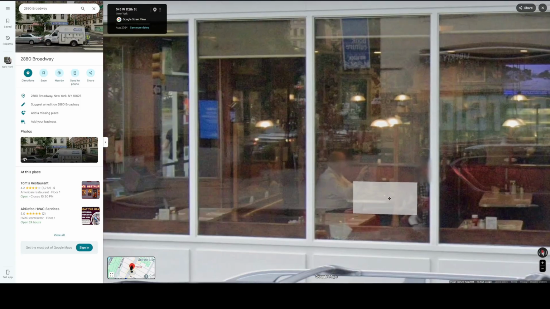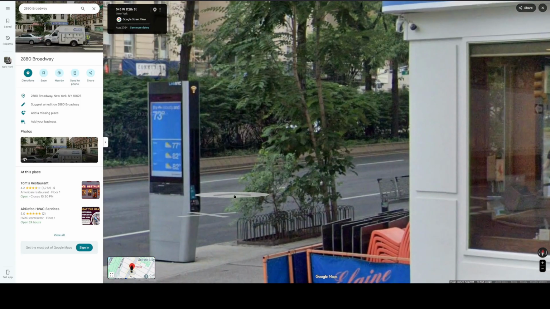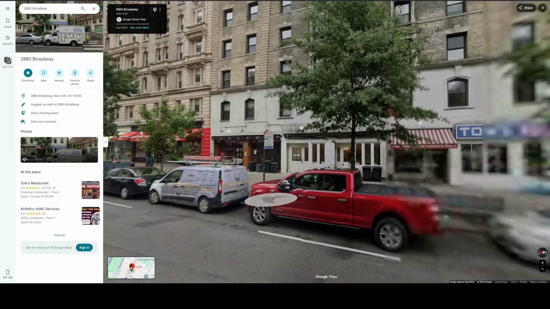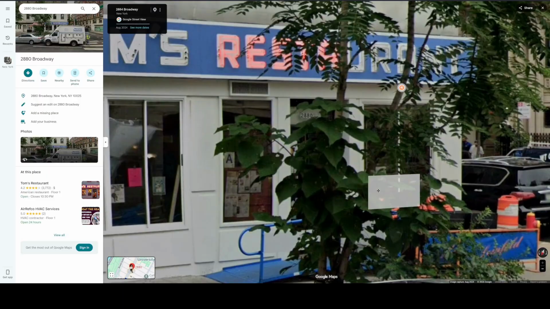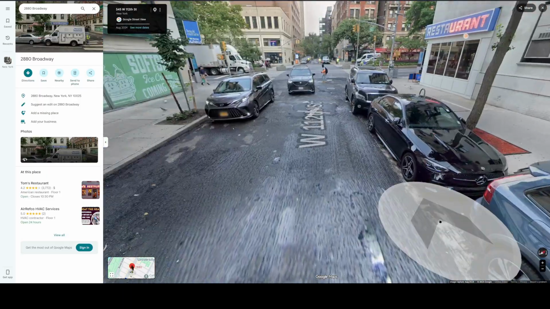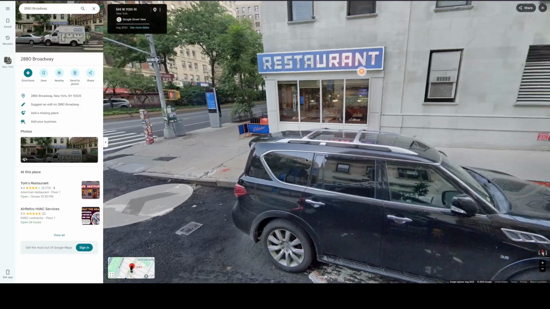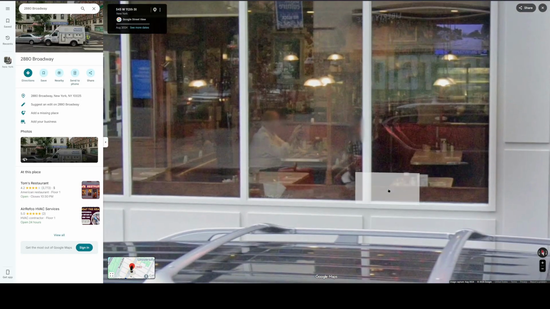Like, we're all being monitored and we're having our picture taken. I don't know, it's just a drag to me. He's just trying to eat his food, and he's old and he didn't realize that the Google Street View van was outside, and he doesn't know what the heck he's doing.